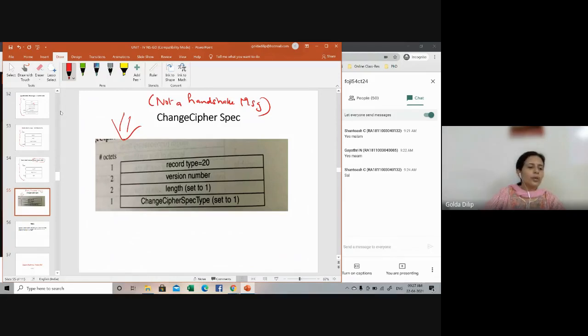Okay, so this indicates that all the records following this change cipher specification will be protected with the ciphers which are agreed upon in the particular message. Okay, so actually there's no clarity regarding why the change cipher specification type is set to 1.